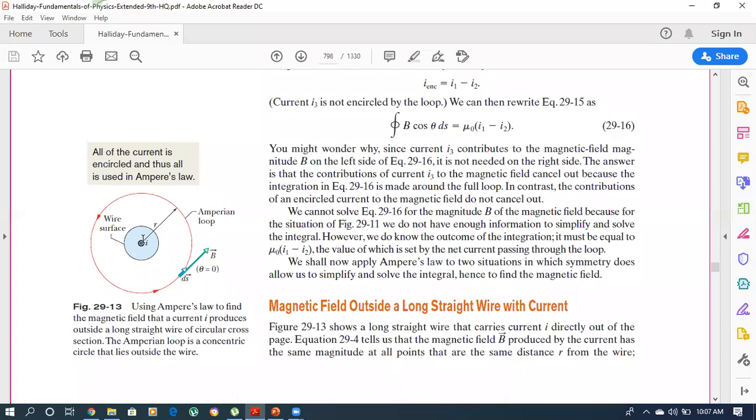What will be the net magnetic field throughout this region? In Biot-Savart's law, we determine the magnetic field at one particular point, but Ampere's law determines the magnetic field in the total region.